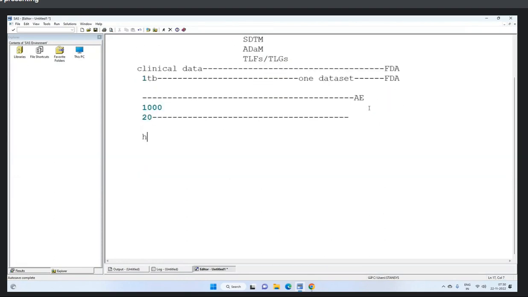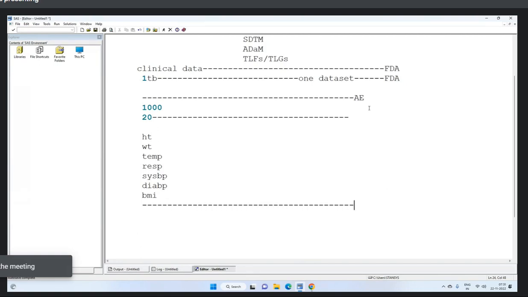I will collect the height of that subject, weight of that subject, temperature, respiration, systolic blood pressure, SysBP, diabetes, BMI, and all this information. If you have such vital signs information, put all this information into one table, one data set, and submit it as VS. VS means vital signs.